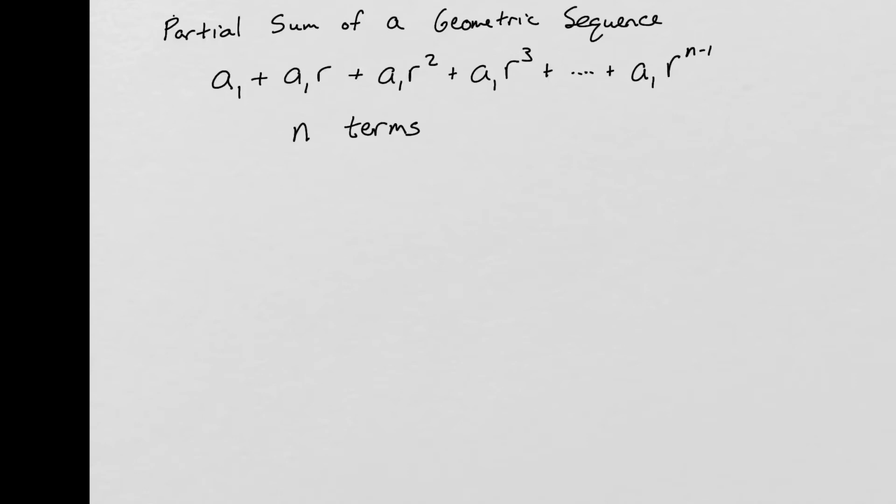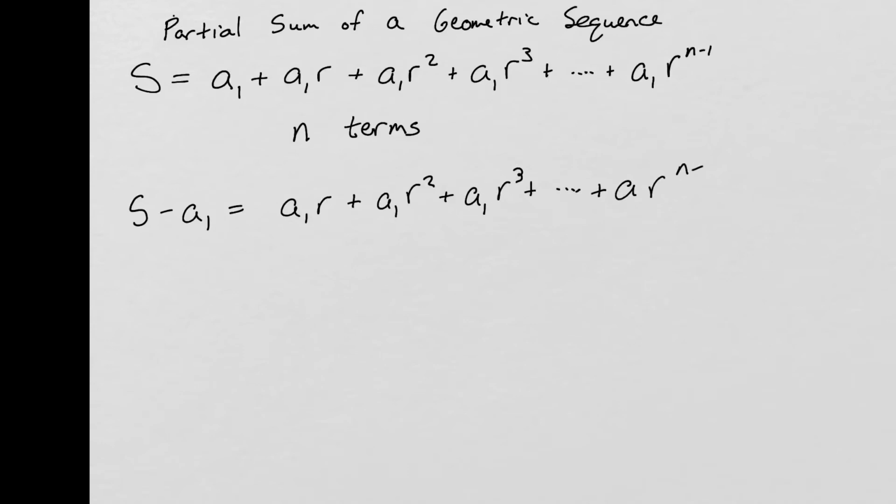Okay, so we're going to call this thing S, and we're going to try to create a formula for S using A1, R, and n. All right, here we go. So I'm going to subtract A1 from both sides, and we're going to get S minus A1 is equal to A1R plus A1R squared plus A1R cubed plus ... plus A1R to the n minus 1.